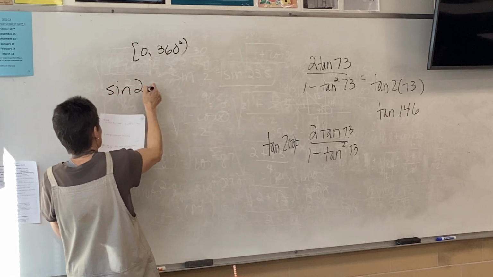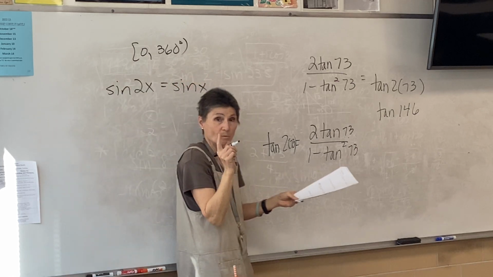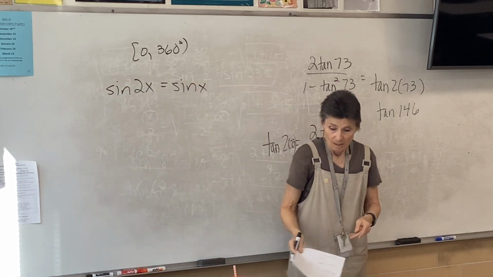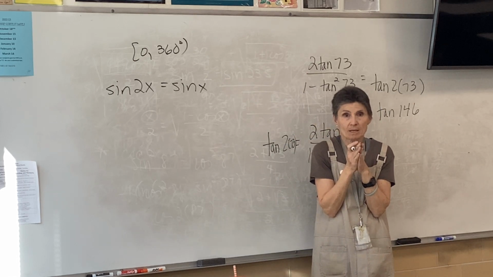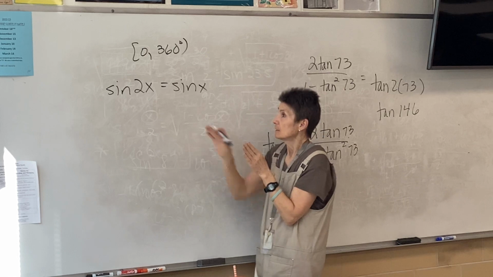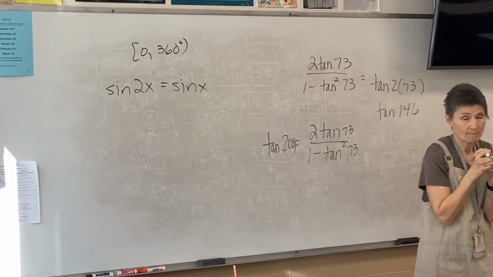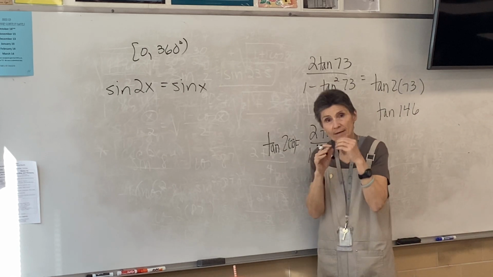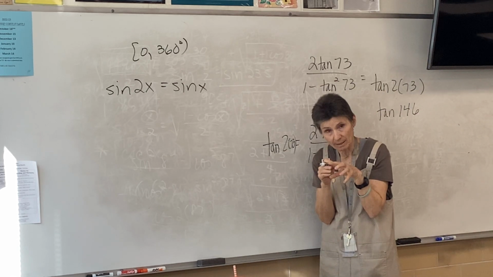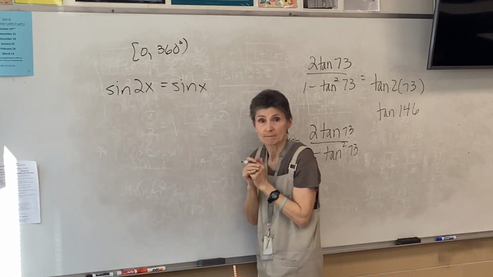Now, you might notice, it looks very much like some of the other problems that we've done, but you might notice there's a difference. This one has a 2x. When your problem has a 2x in it, you want to look on your sheet and find the formula for, in this case, the sine of 2x.